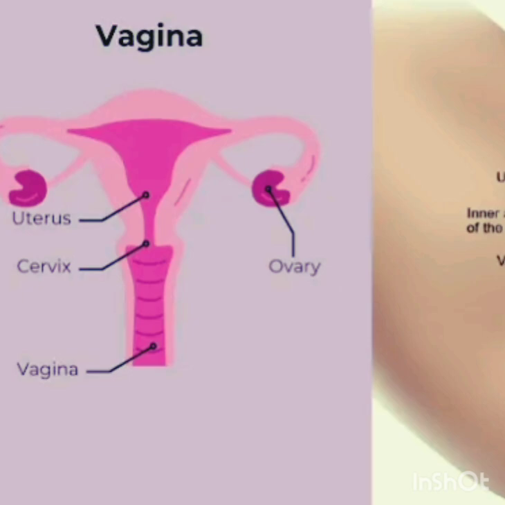The normal menstruation cycle can take from 21 up to 35 days.